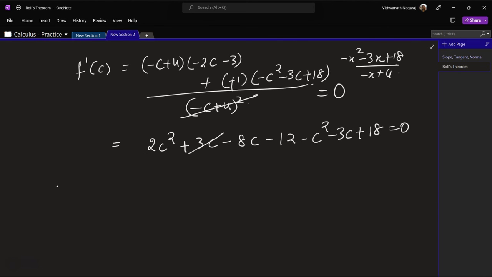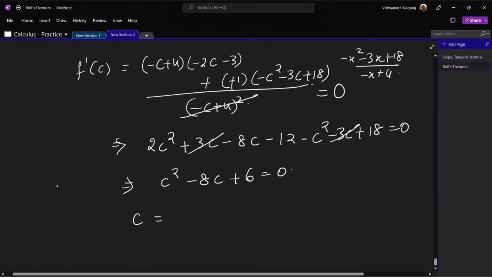Okay, so 3c and minus 3c cancels. 2c square minus c square is c square minus 8c. 18 minus 12 is plus 6 equal to 0. Okay, now let's put it as implies.